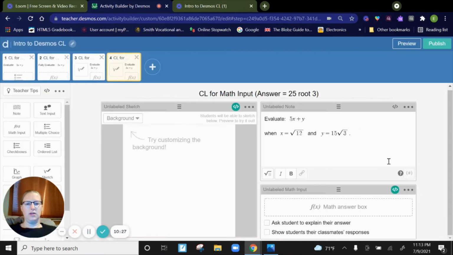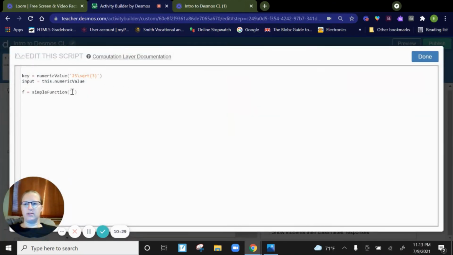Copying that and bringing it back here is a helpful trick for myself and probably for you. And I want to have both x and y in that simple function.